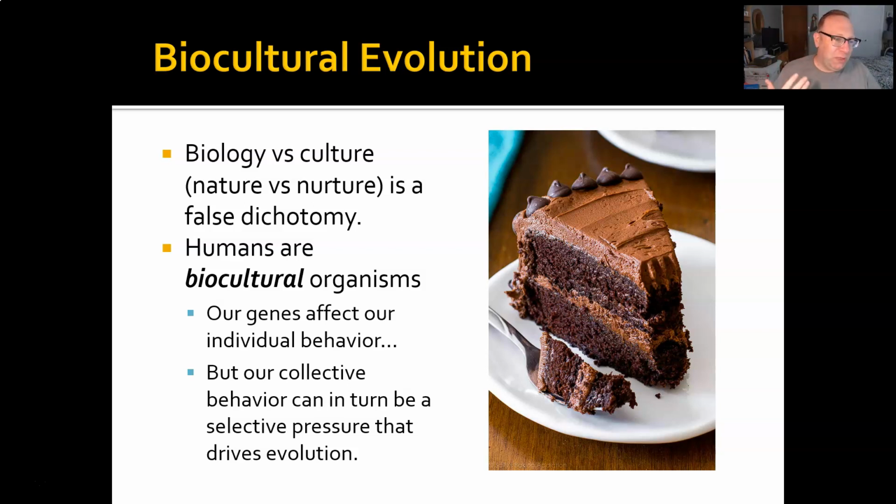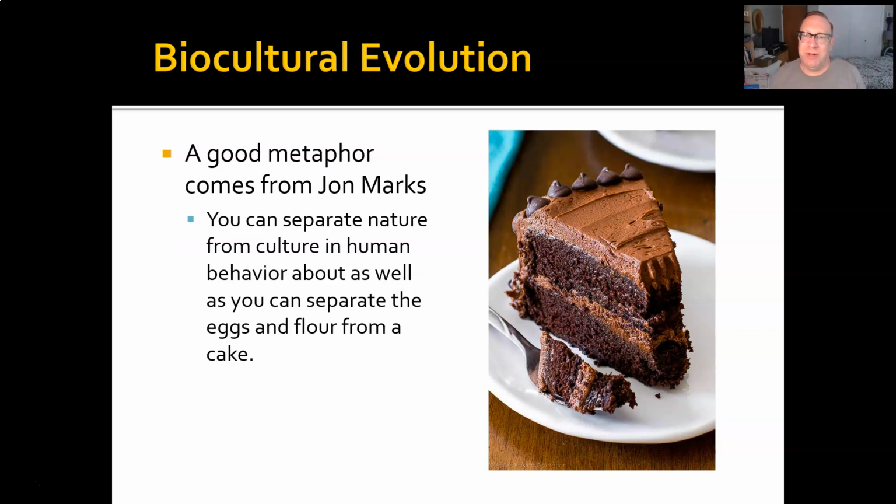Being biocultural means that our collective behavior can put selective pressures on biology and vice versa. The best metaphor I've heard for this comes from John Marx. He says you can separate nature from culture and human behavior about as well as you can separate the eggs and flour from a cake.